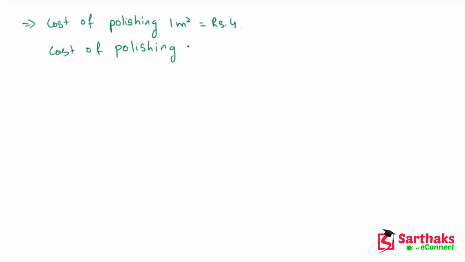Now the cost of polishing 1 meter square is rupees 4. So the cost of polishing 202.5 meter square is 4 into 202.5.